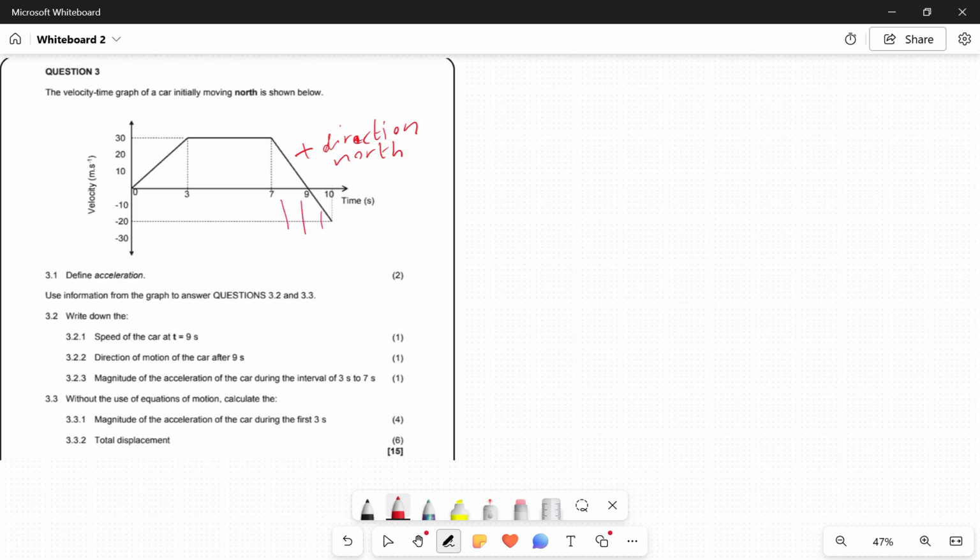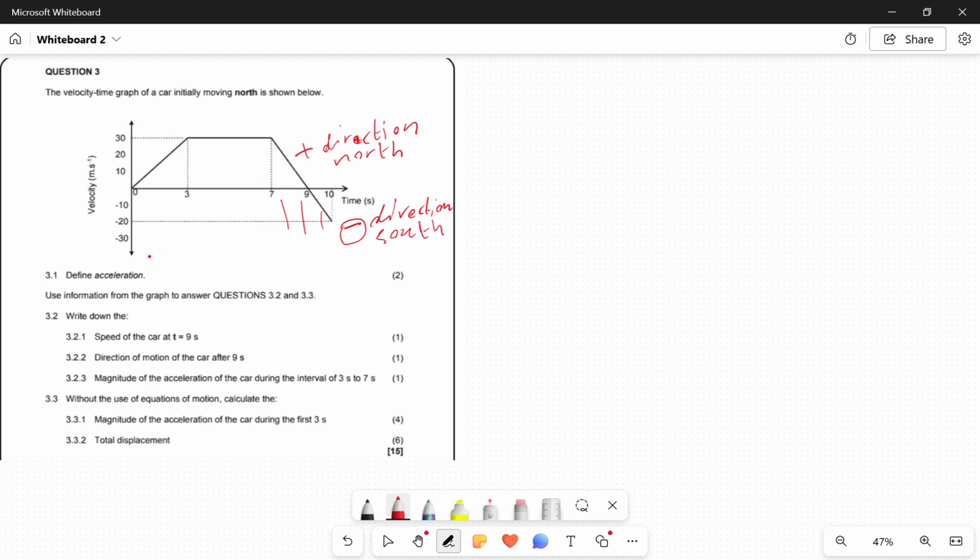Then down here is where we will have our negative direction, and that means this will be the opposite of north, which is south. So the bottom part is the southerly direction, the upper part is the north direction. Positive velocity up here and negative velocity down here. Negative velocity means opposite direction, which is negative direction in essence.